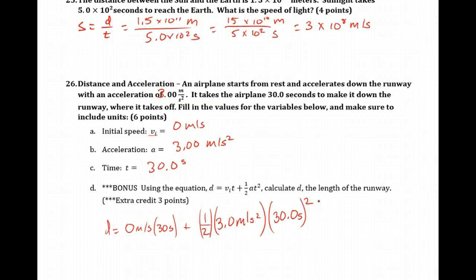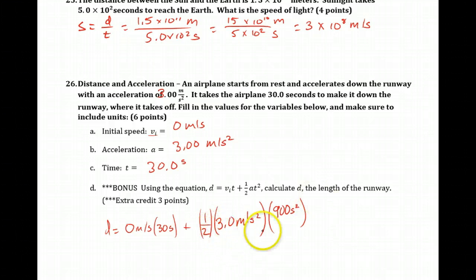Make sure you do your order of operations. Some people were multiplying this and then squaring it. You've got to do your order of operations. So parentheses, exponents. Everything within the parentheses is already simplified, so we do our exponents. This would simplify to 900 seconds squared.